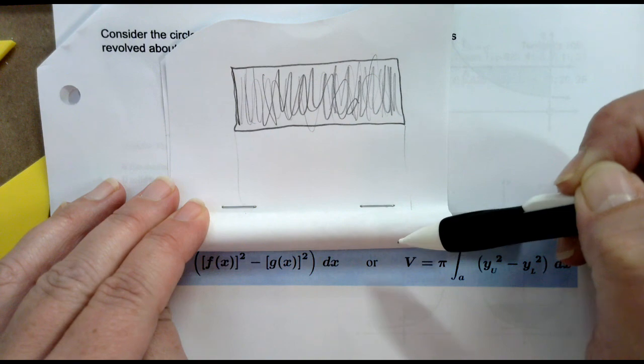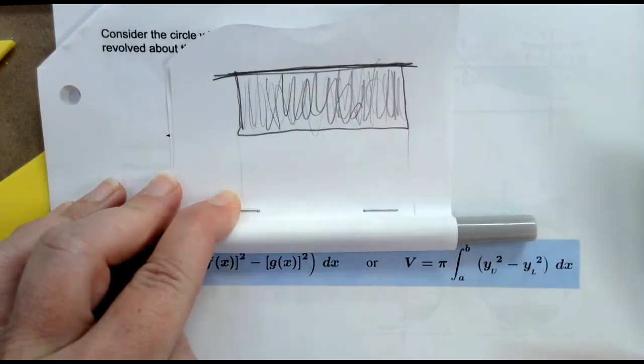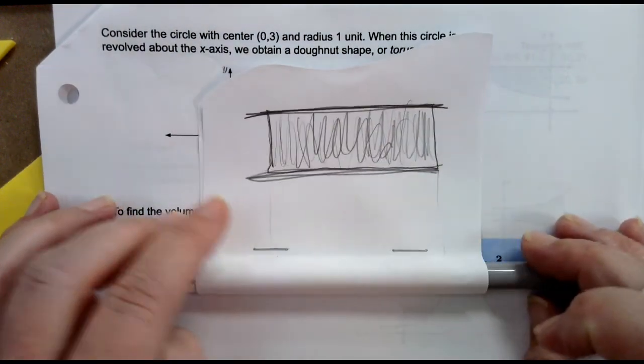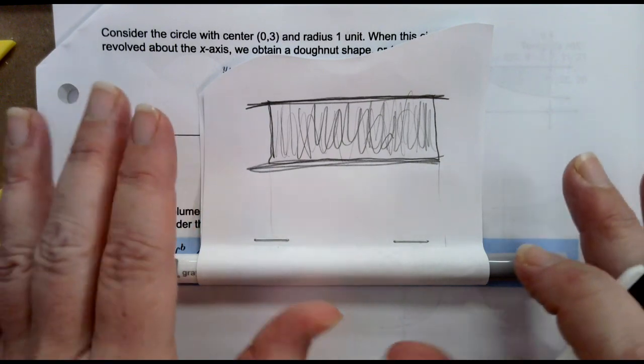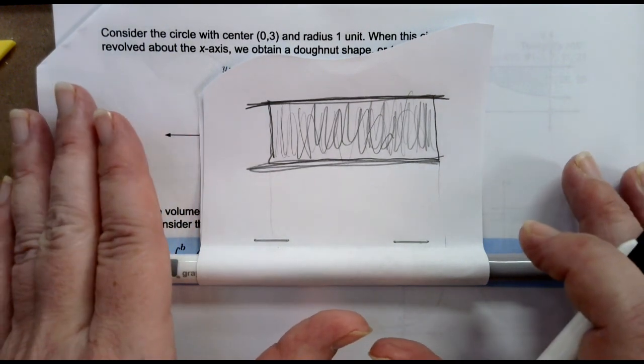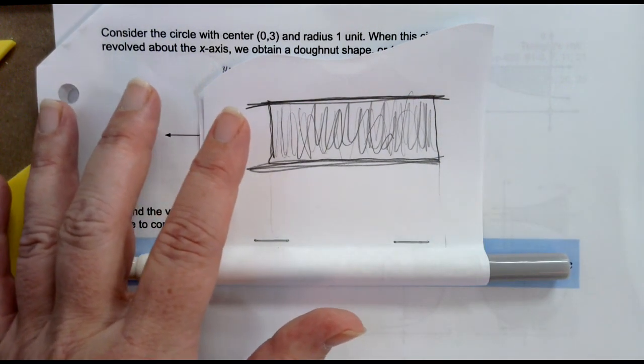So we have to do top function minus the bottom function. Now, I know you can look at your paper. Do I subtract and then square it? Or do I square it and then subtract?